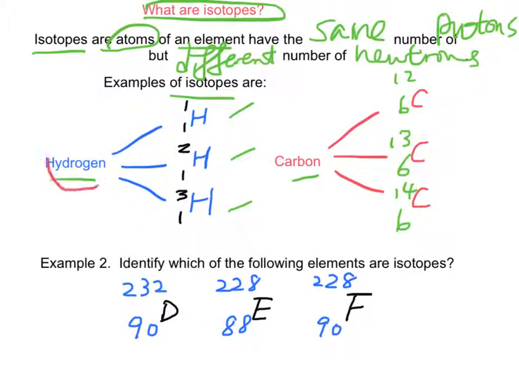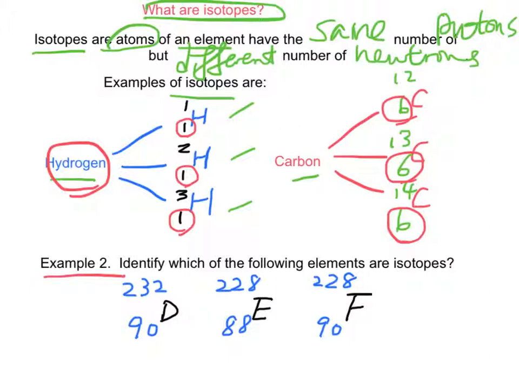These are called isotopes because they have the same number of protons but different numbers of neutrons. For carbon, these 3 isotopes have the same number of protons, but different numbers of neutrons.